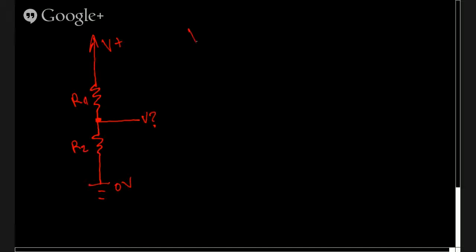So we know that our voltage here, we'll call that V in, and we'll call that V out. V in is, by way of Ohm's law, current times the sum of the resistances, the sum of R1 and R2.